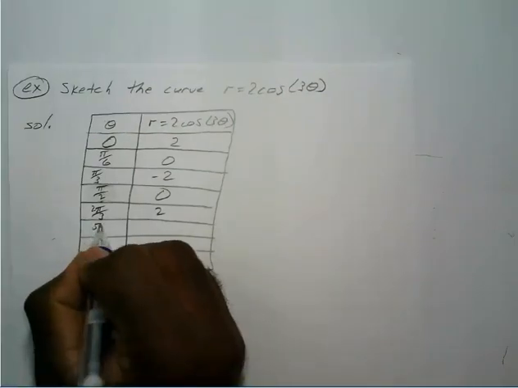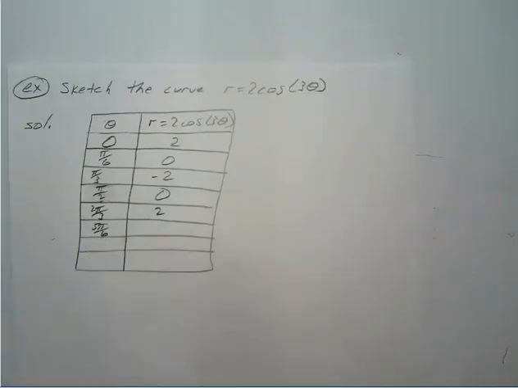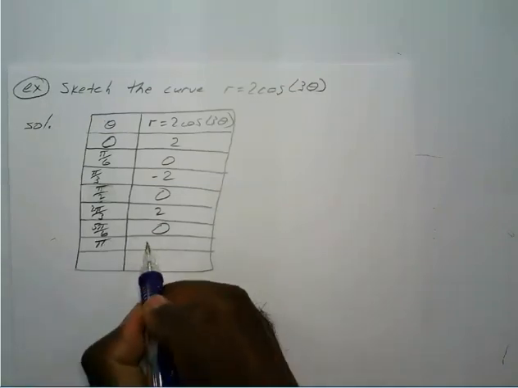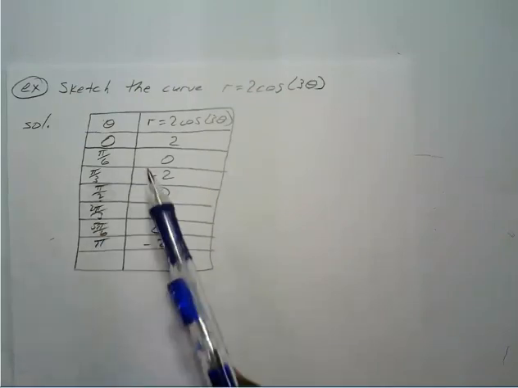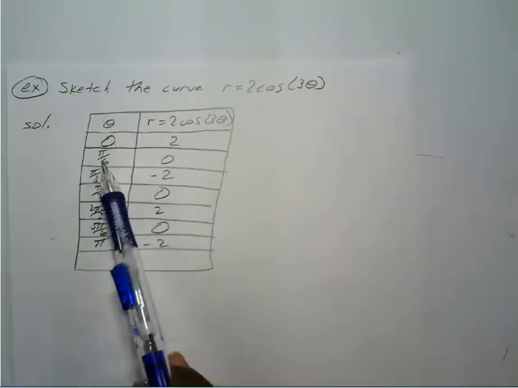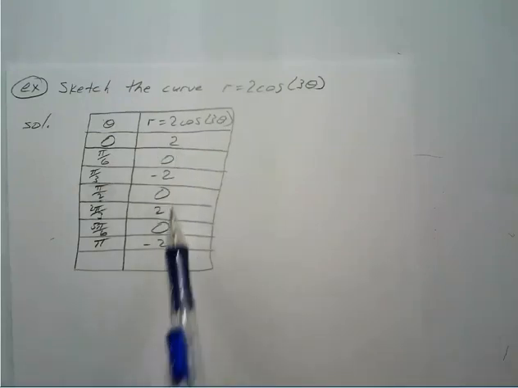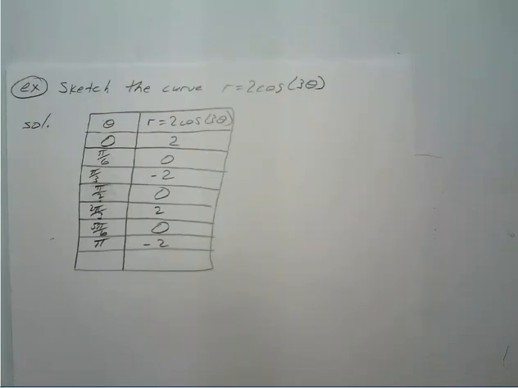What if we plug in 5 pi over 6? That gives us a value of 0. What if we plug in pi? It gives us a value of -2. So all of the values of theta, if we plug into here, will give us these values on the right. I'll give you a second to finish writing those if you are still writing them.